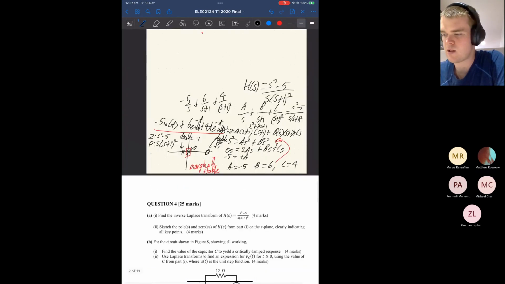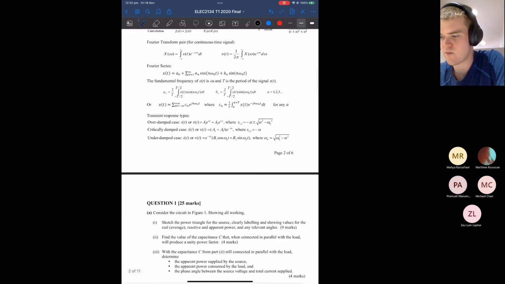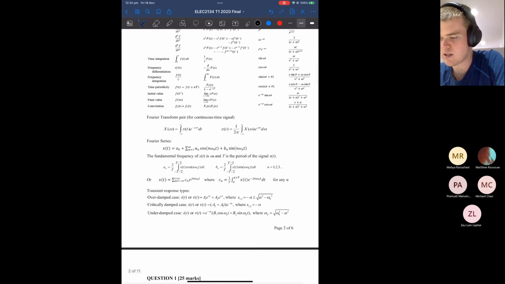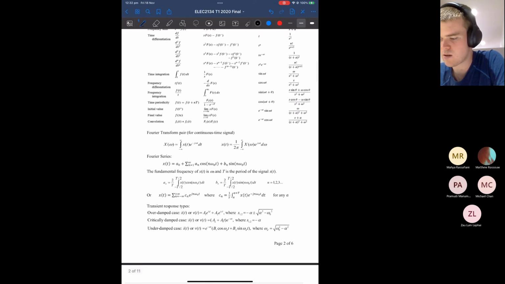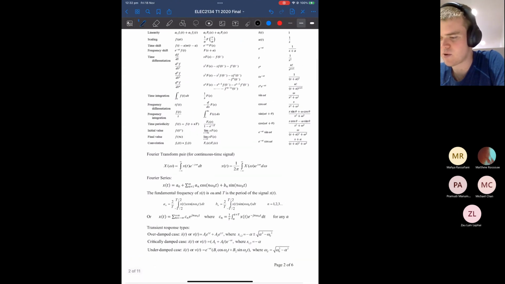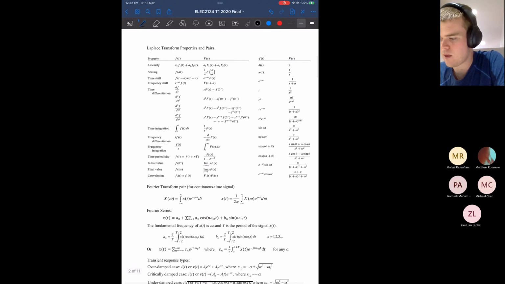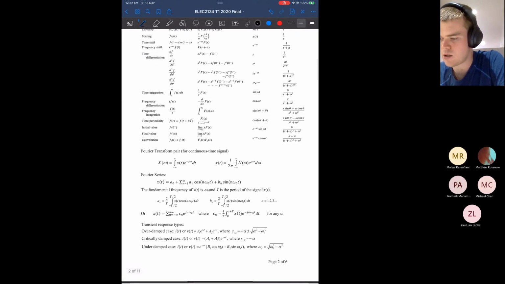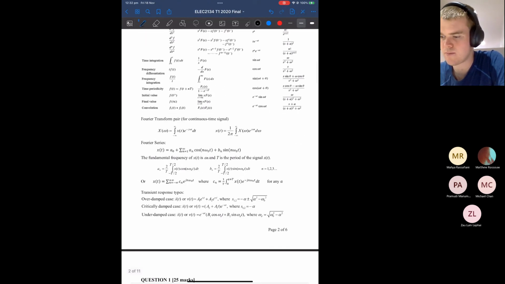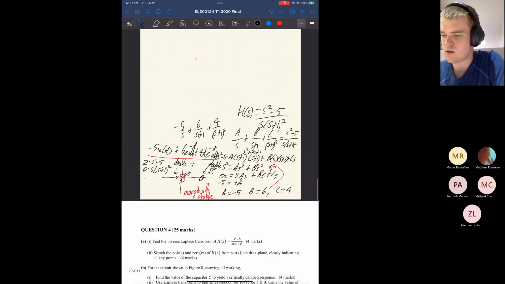Very good. Now, I don't remember Parseval's off the top of my head, so hopefully we can look at the top and see. Oh, there you go. It gives you the critically damped one. It does not give us Parseval's theorem. Alas, we will have to make do without it.